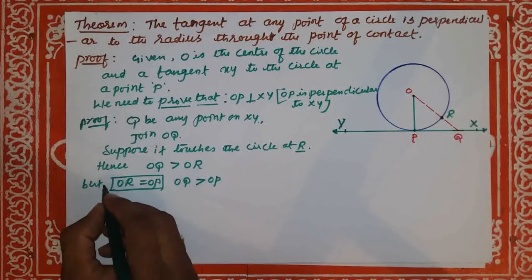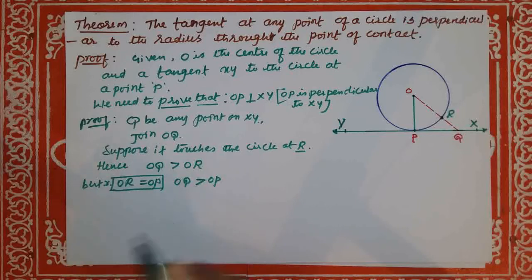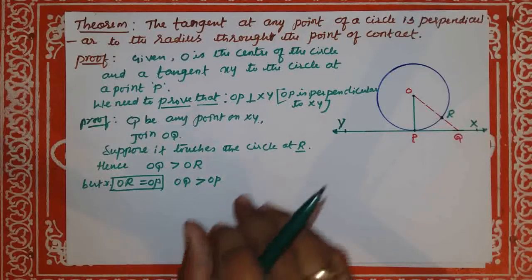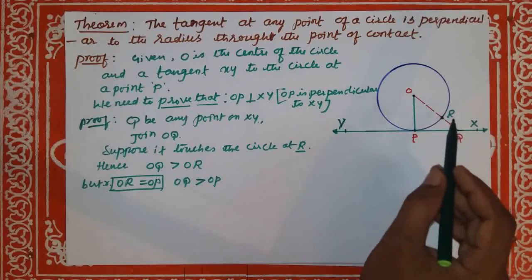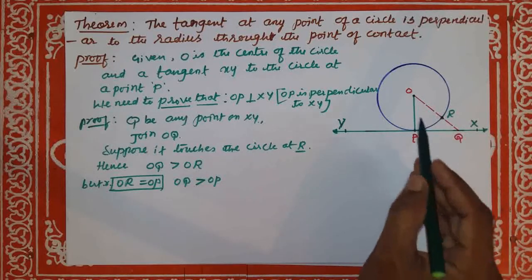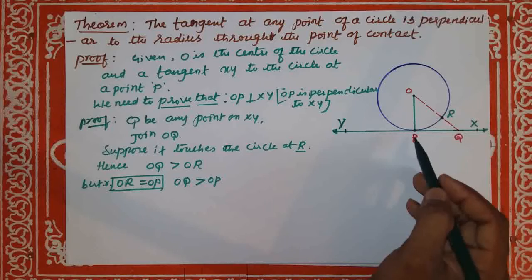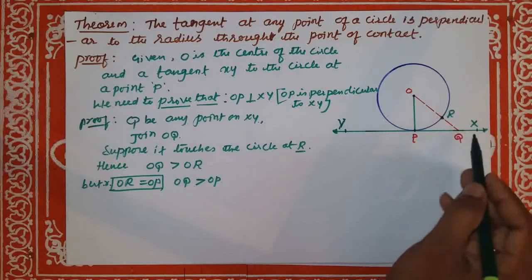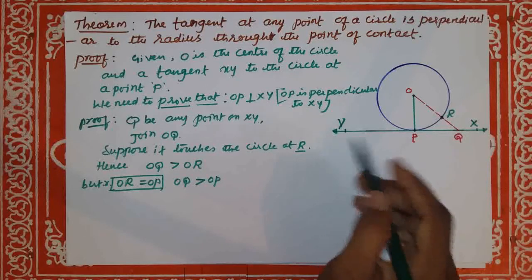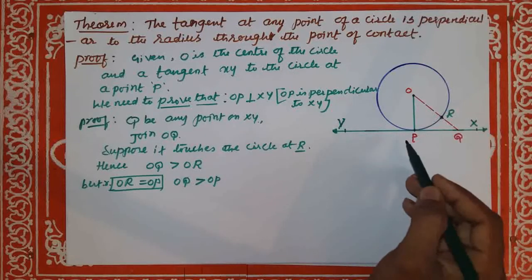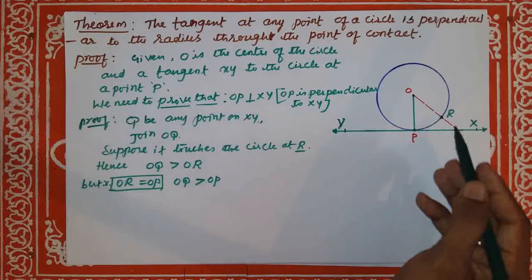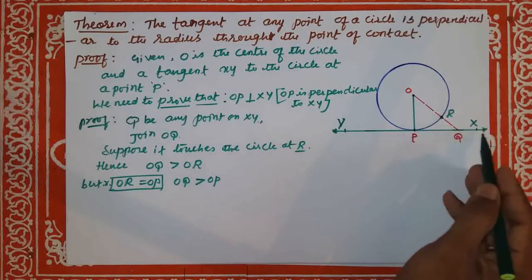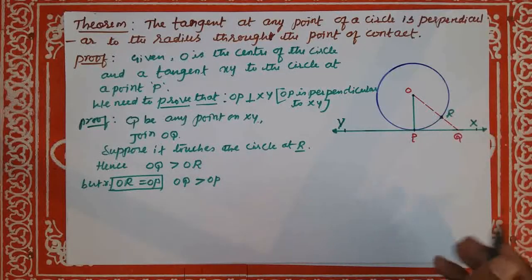Next, since the same will be the case with all other points on the circle, hence OP is the smallest line that connects XY, and the smallest line is perpendicular to XY. This is the right answer.